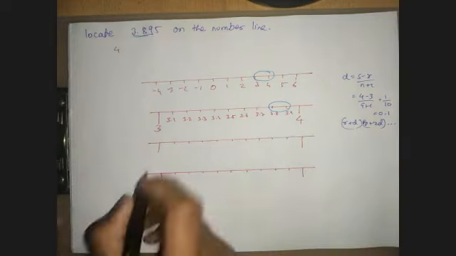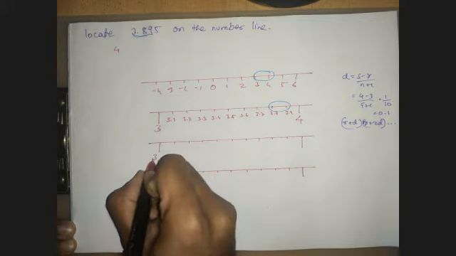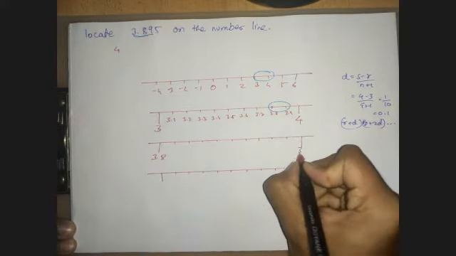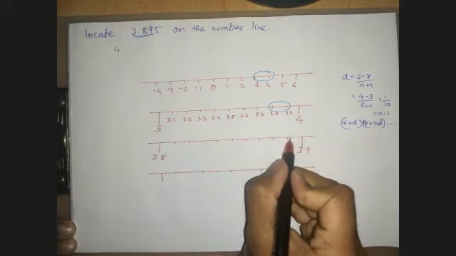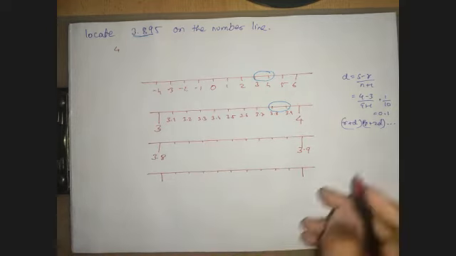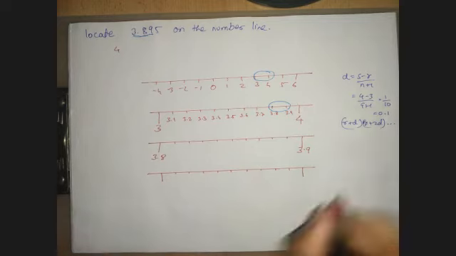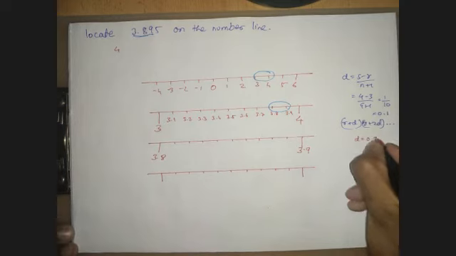So what I need to do, I need to divide the space between 3.8 and 3.9 into 10 equal parts, or insert 9 numbers in between them. So that would be, by using the formula, I get d is equal to 0.01.